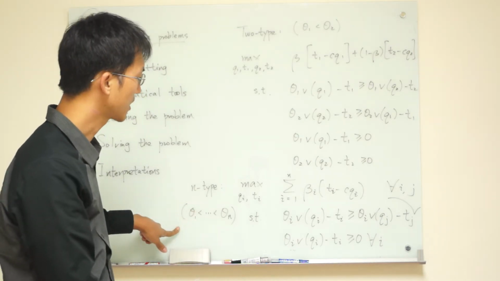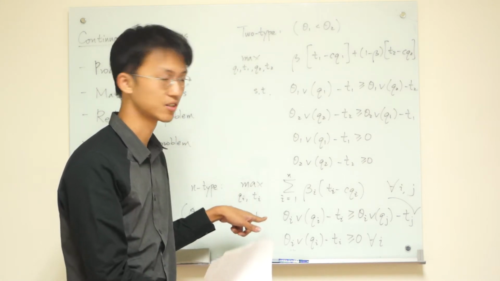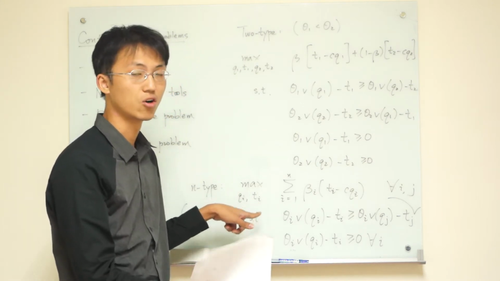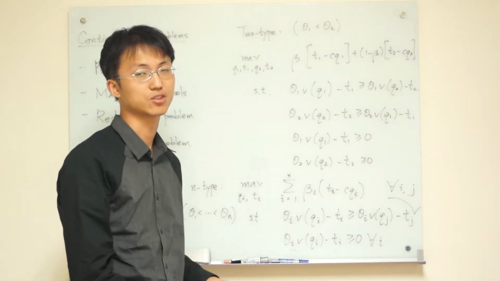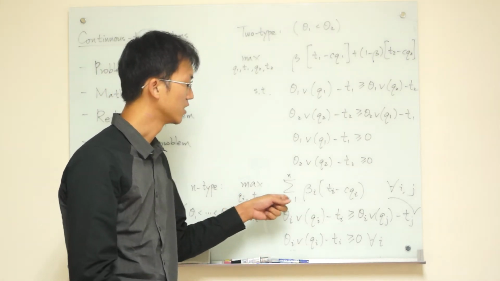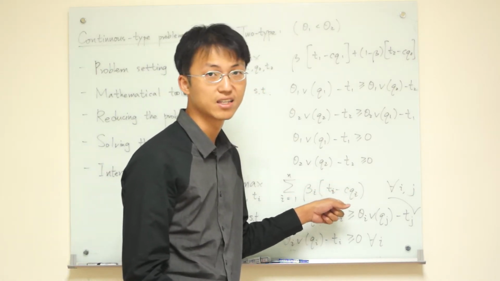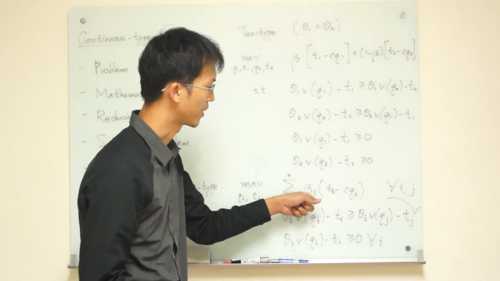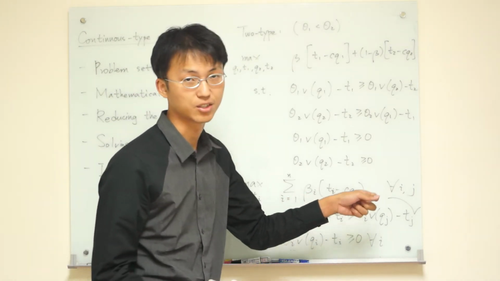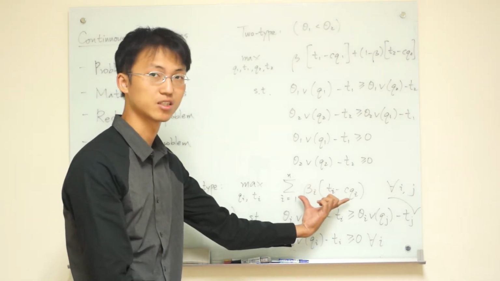In this case, we want to design n pairs of QT, or n contracts, for these n types of consumers to self-select. So we hope type i will choose Ti and Qi. So I will earn beta i times (Ti minus CQi) from type i consumers, and this is my expected profit.